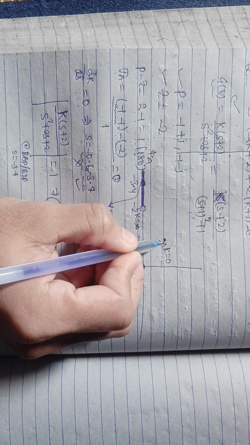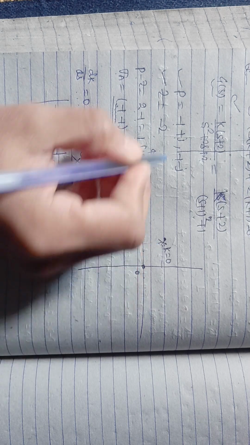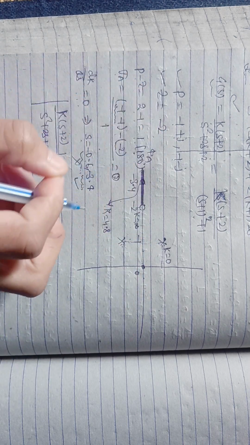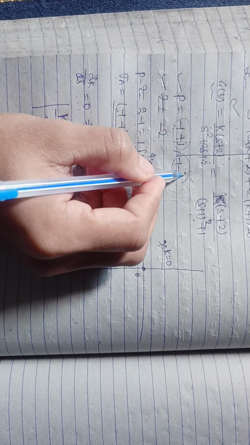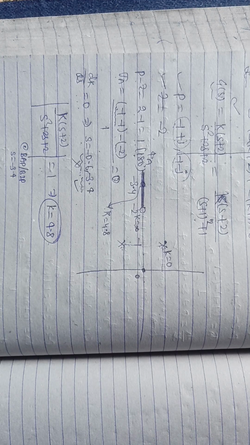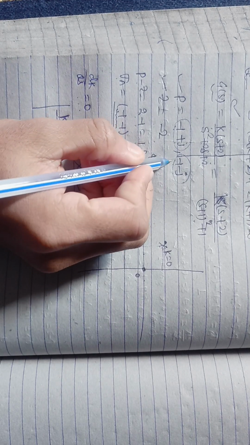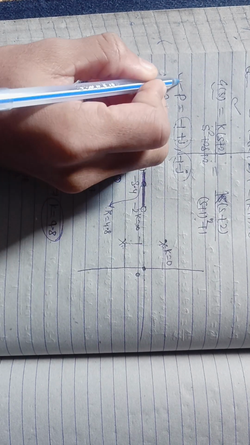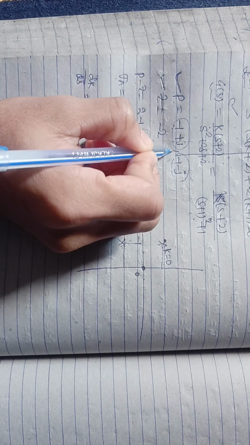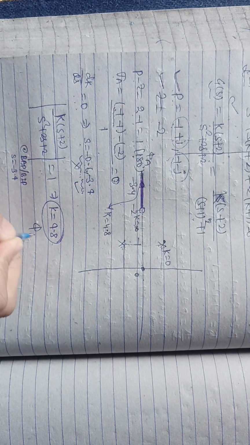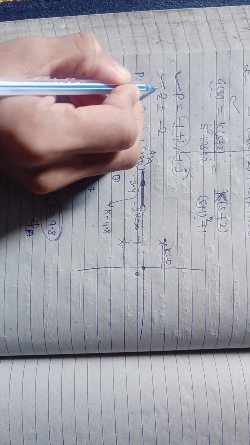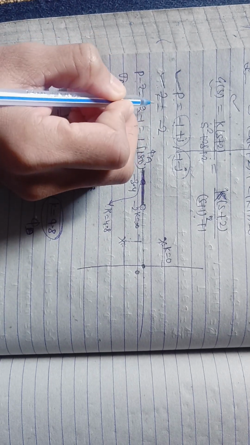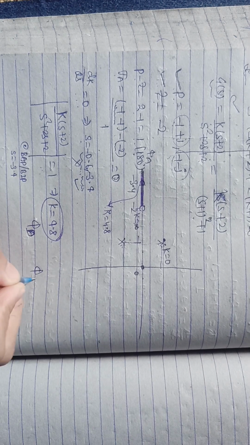So whenever the roots are complex, if poles are complex, then we have to find the angle of departure, and when the zeros are complex, then we have to find the angle of arrival.